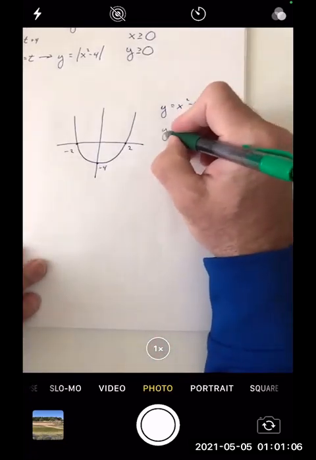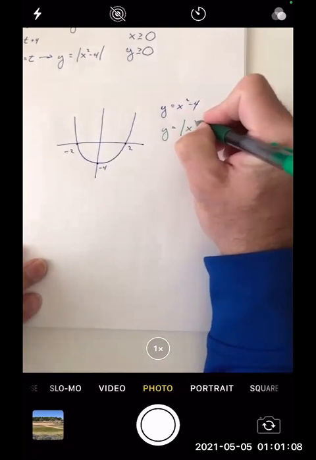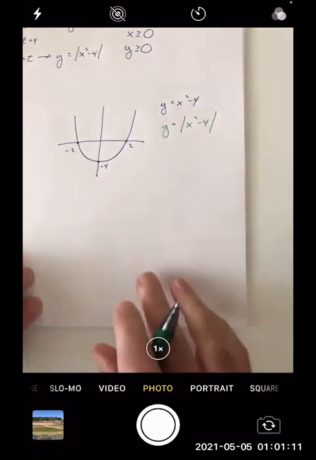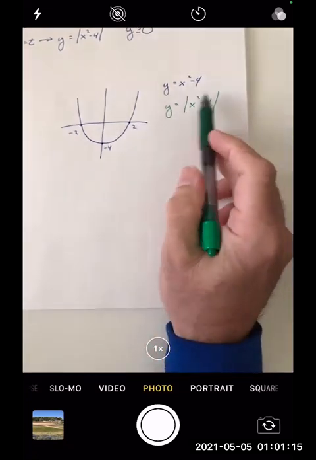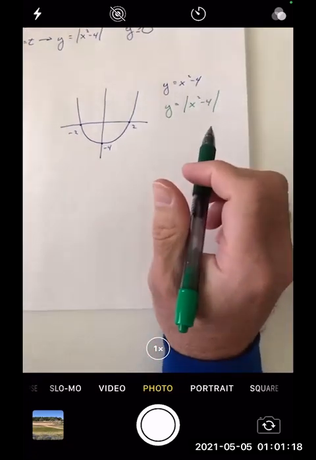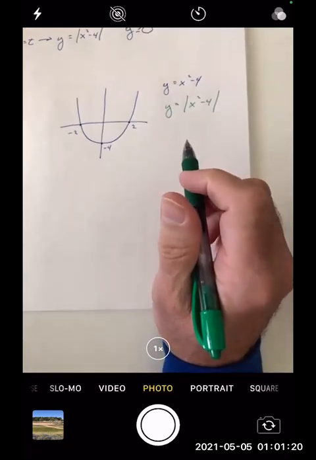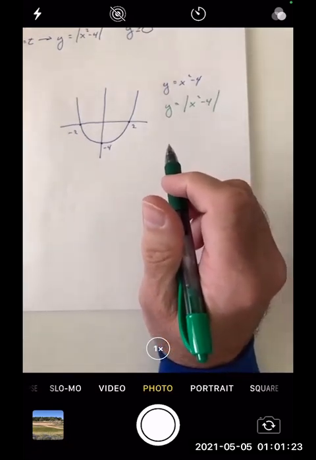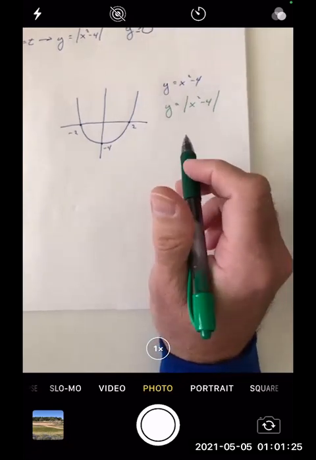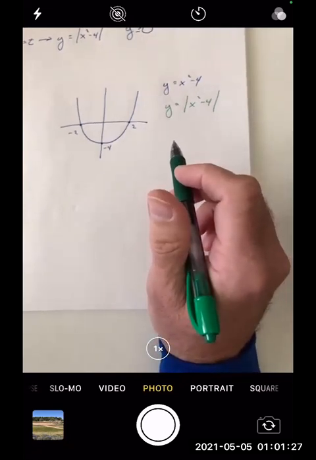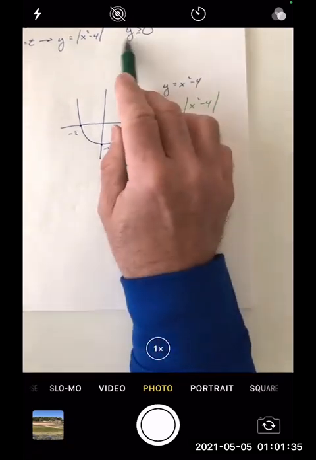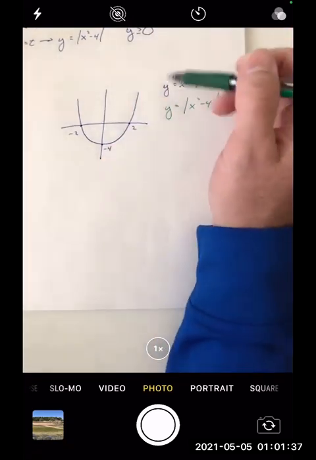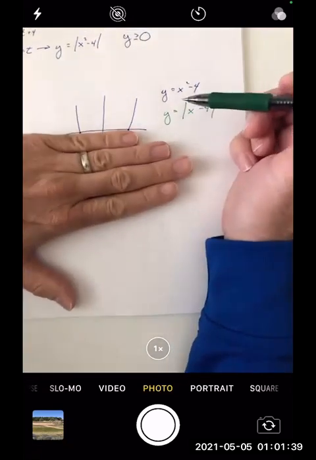So now let's slap the absolute value bars back in there. What does absolute value do to numbers? It makes them positive. So like we discussed before, you can't have any negative y values. It doesn't erase them, it doesn't make them disappear.